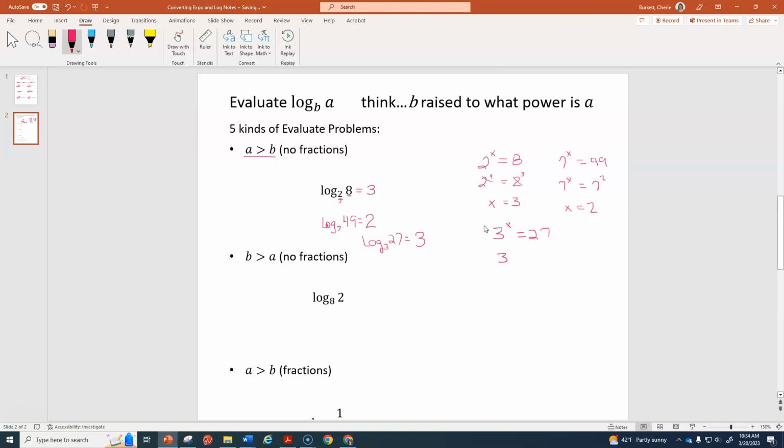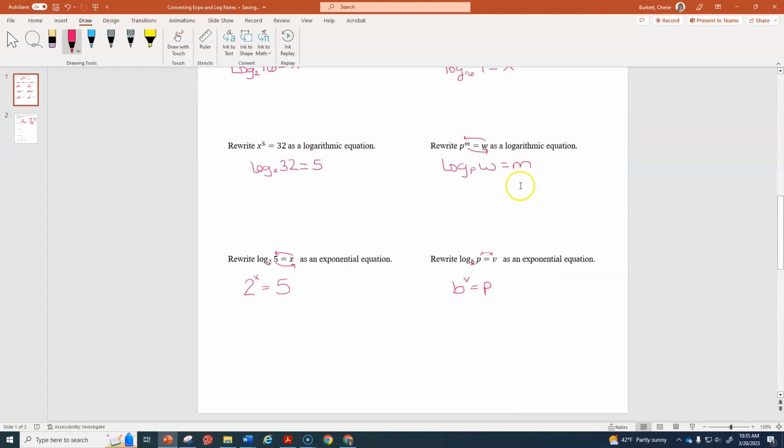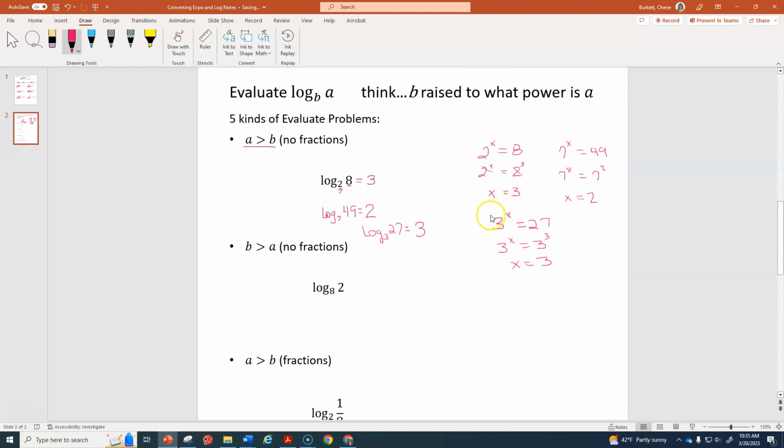Rewrite the 27 as 3 cubed, drop the 3s, and we figure out that x is equal to 3. So all of these problems, this part right here is what you're doing mentally. That's showing your work, but you don't have to on these.